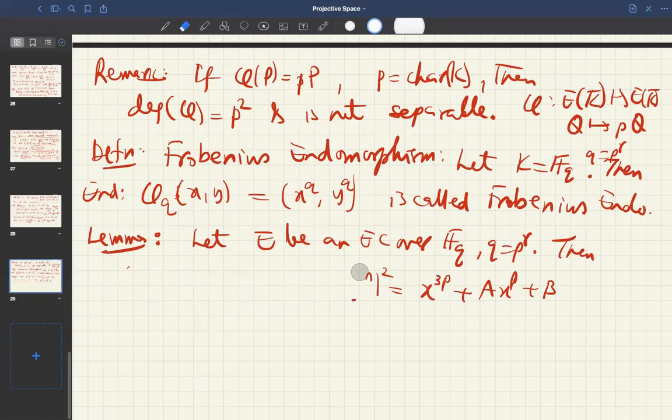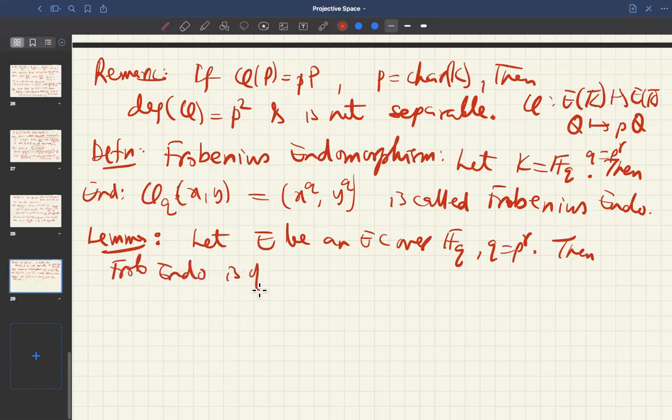This we call the Frobenius endomorphism. Let's consider an elliptic curve over F_q. Then the Frobenius endomorphism is of degree q, which is quite clear.